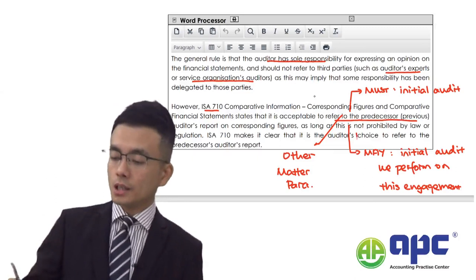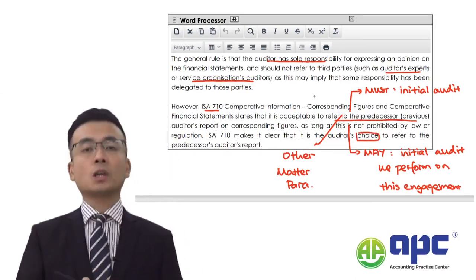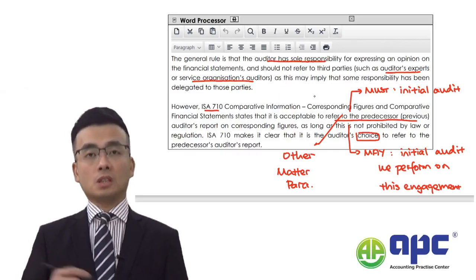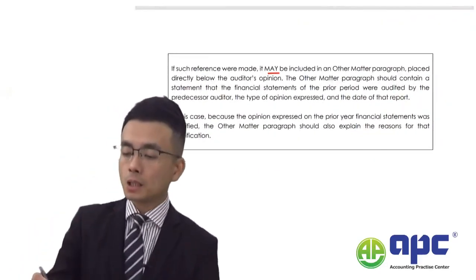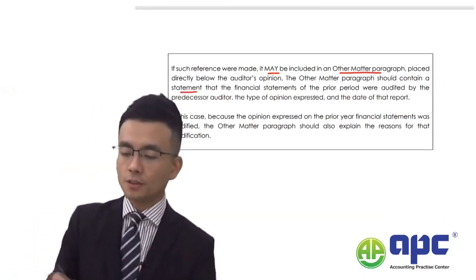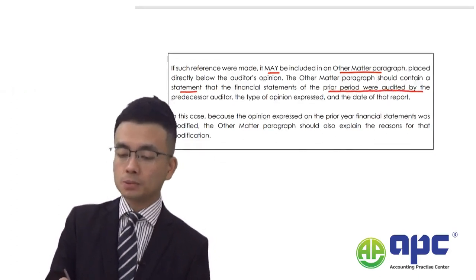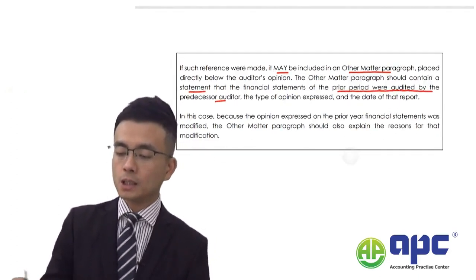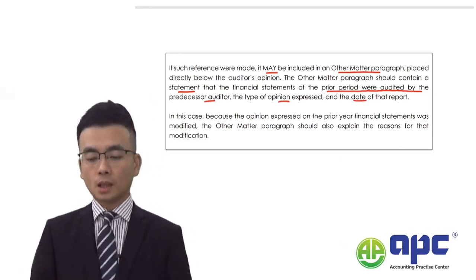Of course, here it is our choice whether or not to include the predecessor auditor's report in our audit report. Now, it may be included in the other matter paragraph, containing a statement that the previous year's financial statements were audited by the previous auditor, and the opinion and the date of that report. We need to mention that.